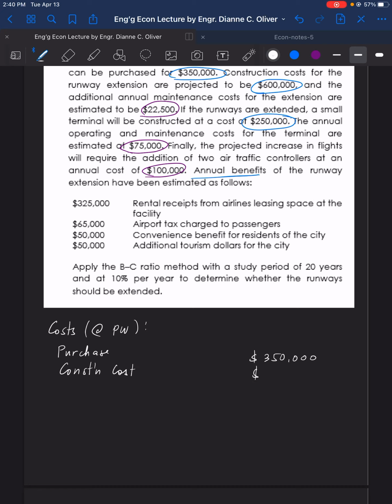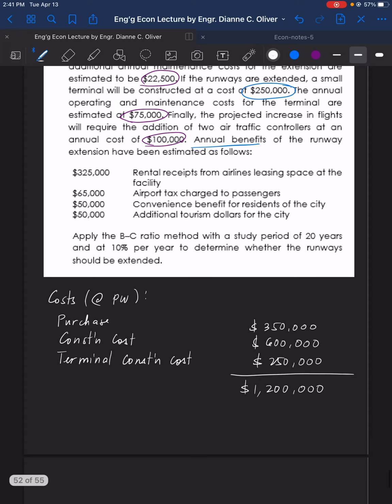So that is in $600,000. The terminal construction cost, and that is in $250,000. So all in all, the total present worth of cost is $1,200,000. So that's the present worth.